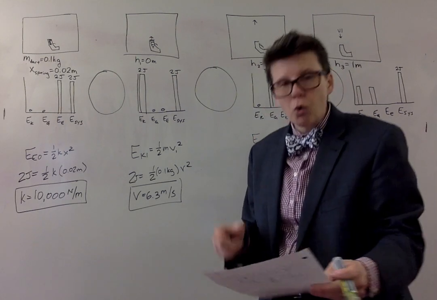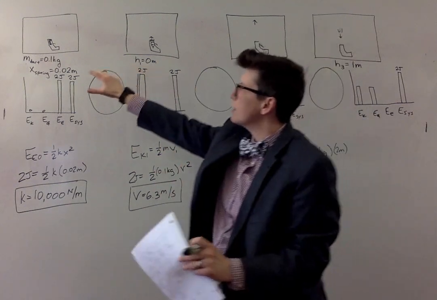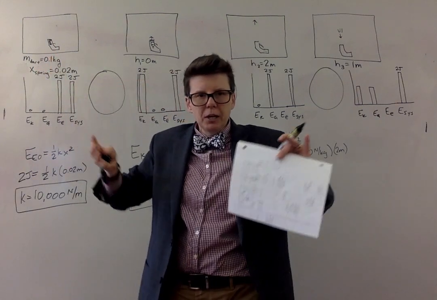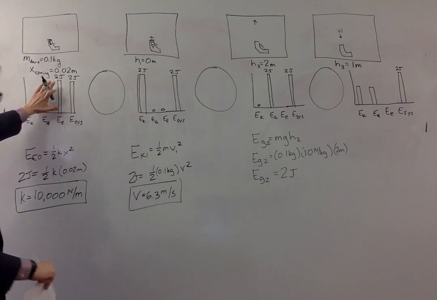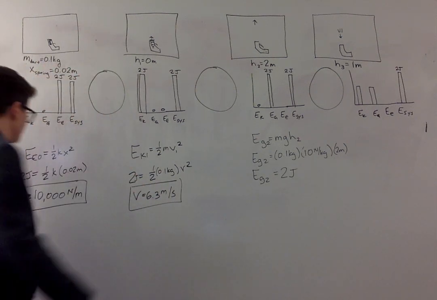asks us about the work that goes into compressing the spring. So we want to think back here. Prior to us coming on the scene and seeing this state, somebody had to compress the spring. And if you picture that previous state, right before here, there's an energy flow into the system.